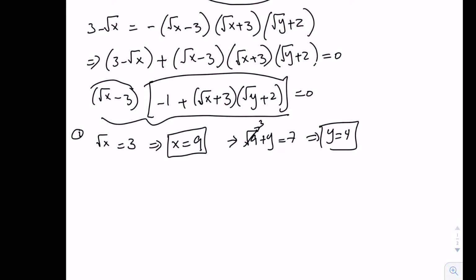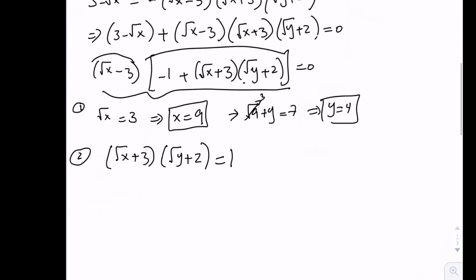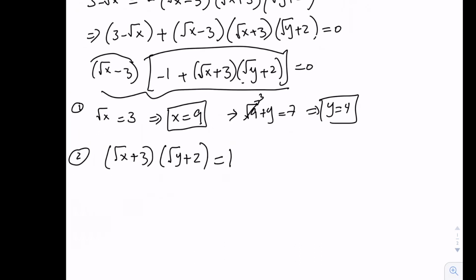Now, if the second multiplicative term in this equation is 0, then square root x plus 3 times square root y plus 2 has to be 1. Now let's see if this is even possible. Since x is greater than or equal to 0, because if it is negative, this square root will not be defined, then square root of x will be greater than or equal to 0, and therefore square root of x plus 3 will be greater than or equal to 3.